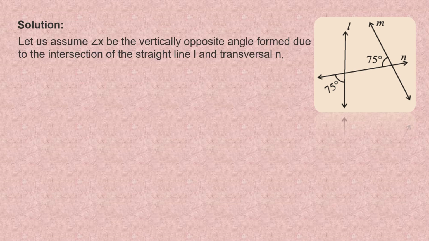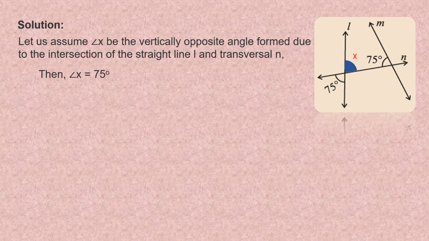In this picture, L and M are two lines and N is a transversal. So let us assume that angle X, look at the picture, let us take this angle as X. It is vertically opposite to 75 degrees. So the value of X is 75 degrees.